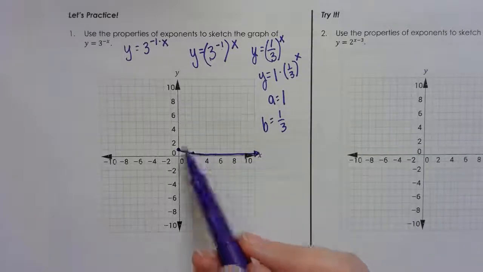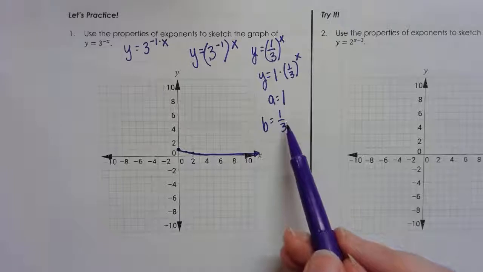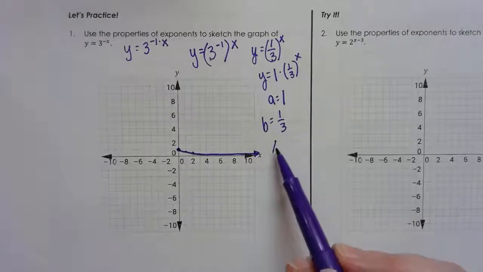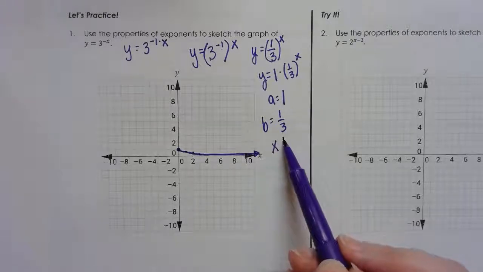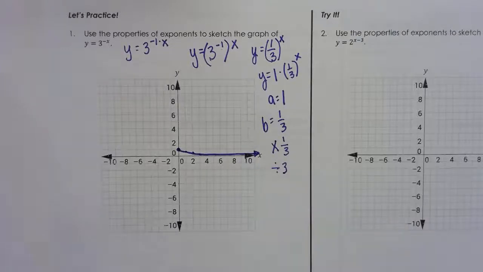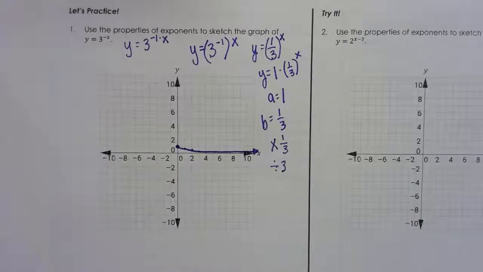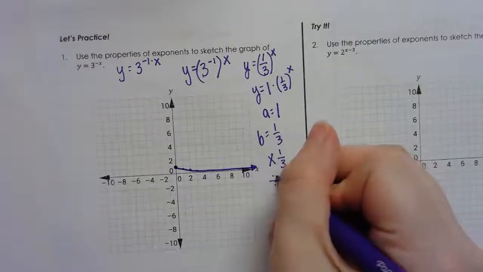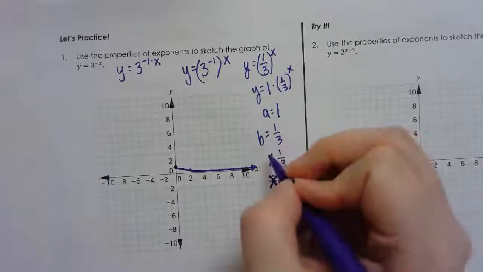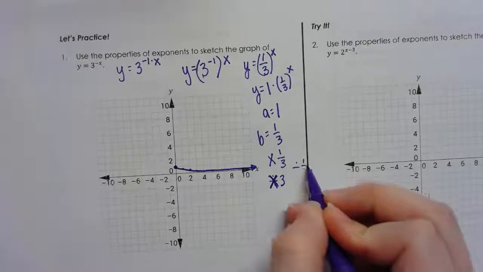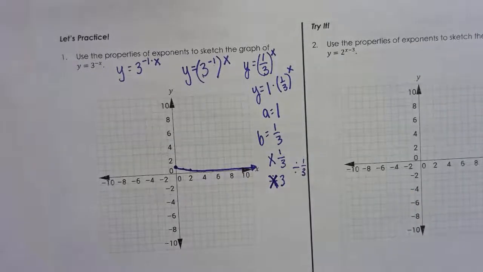If I take this to the left, the opposite of multiplying by 1/3 is to divide by 1/3, which is the same as multiplying by 3.